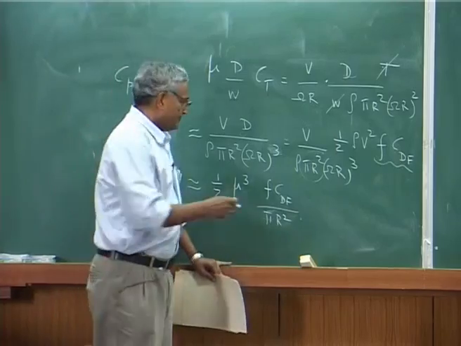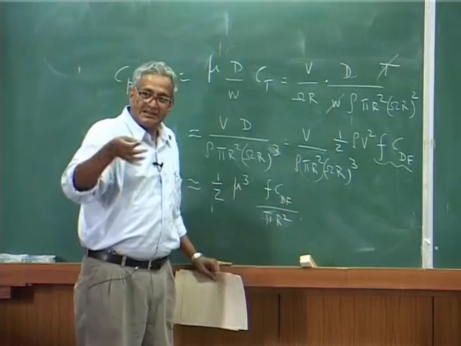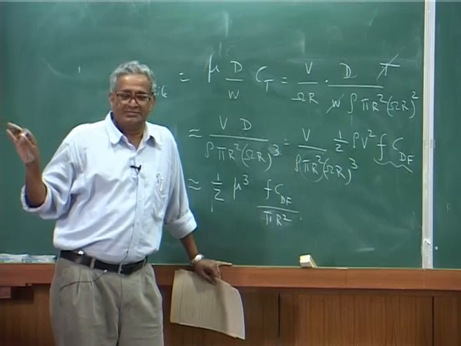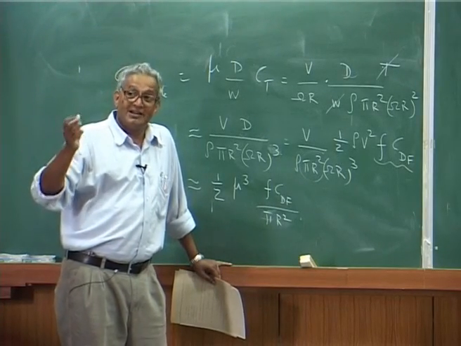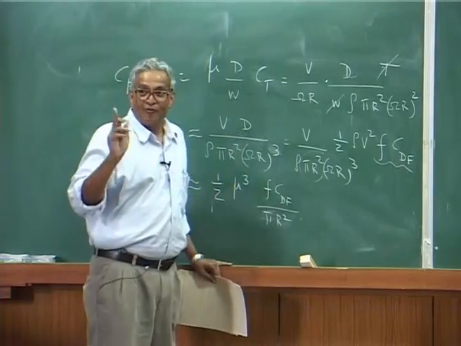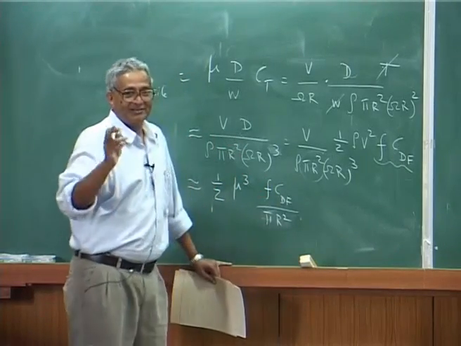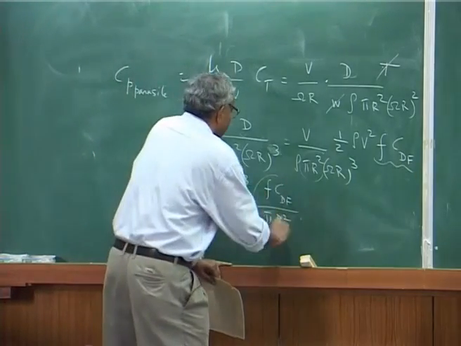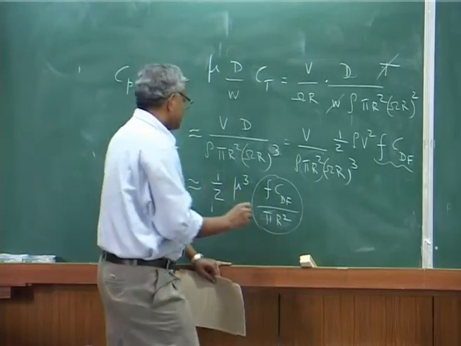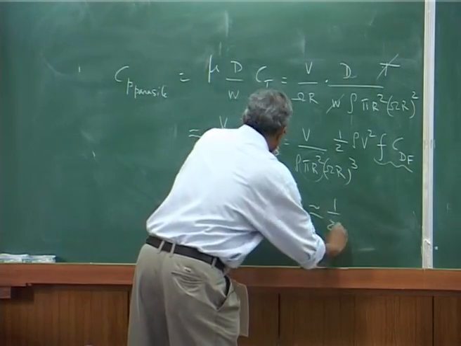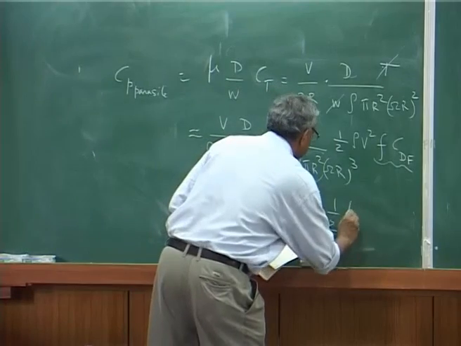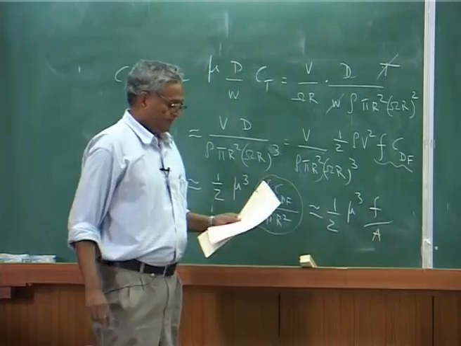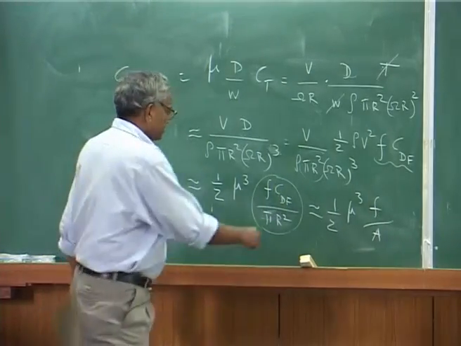Normally in the wind tunnel they will put the fuselage, get the drag force, then find the equivalent F for CD equals 1. Okay. Since this is a convention, this entire factor they take simply as half mu cube F over A, that is all. A is the rotor area.